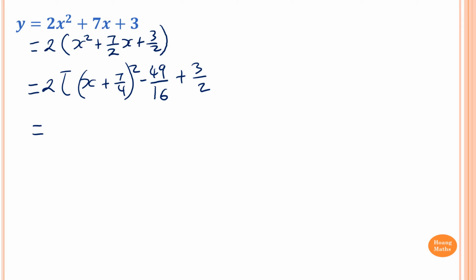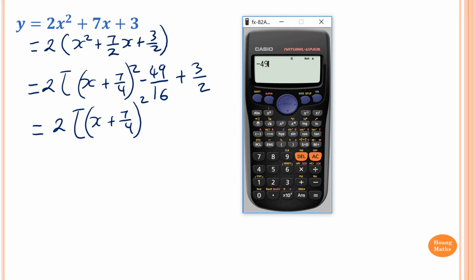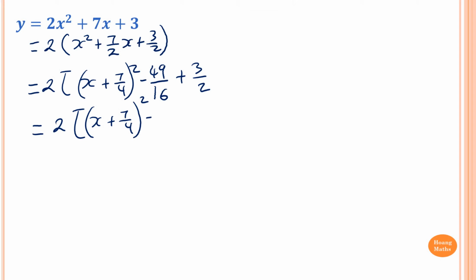So to simplify this, it gives me 2 times (x + 7/4) all squared. So I can just use my calculator. -49/16 and I add 3/2. So that gives me -25/16. Now I times the 2 in.